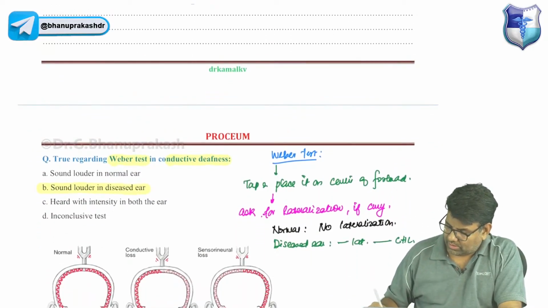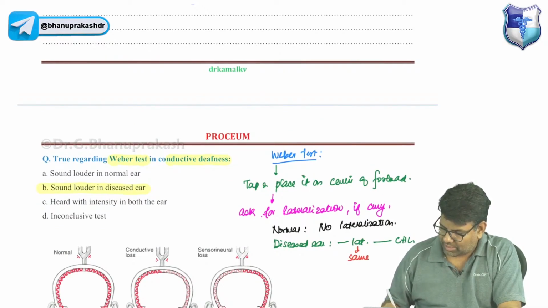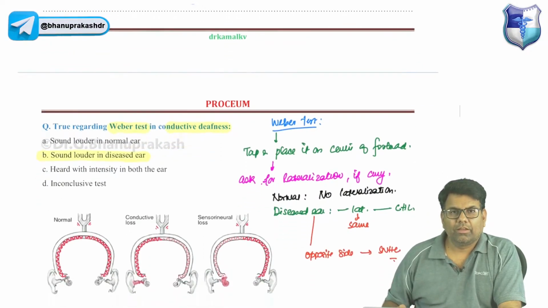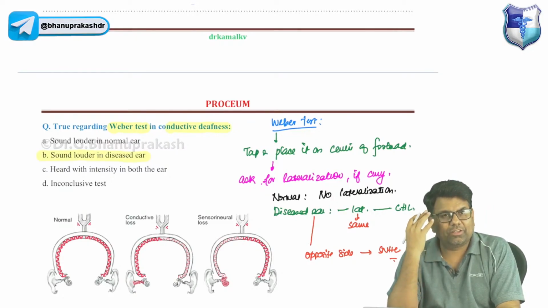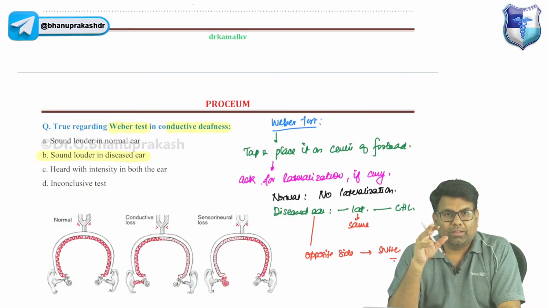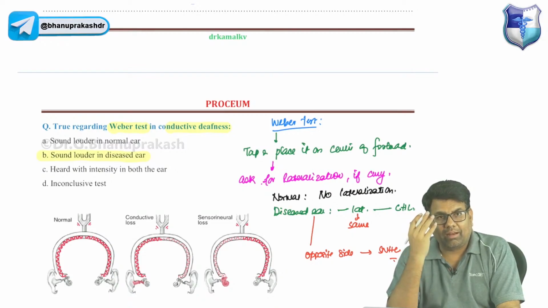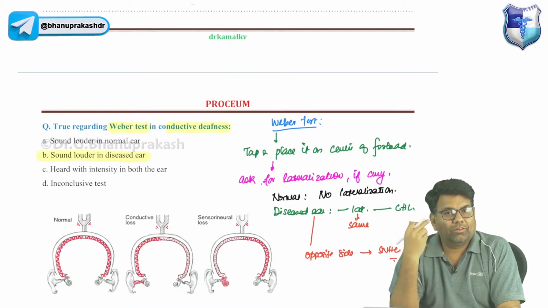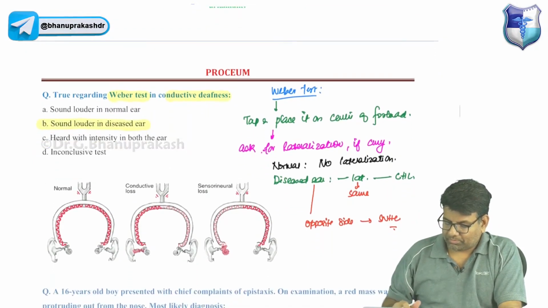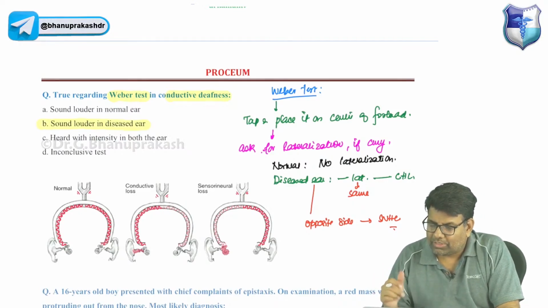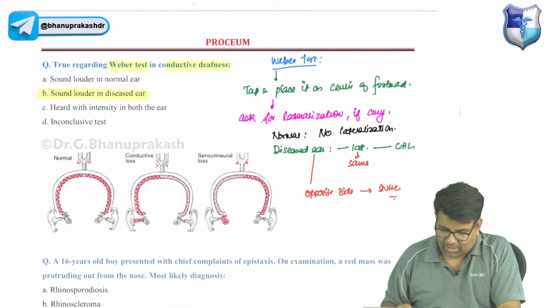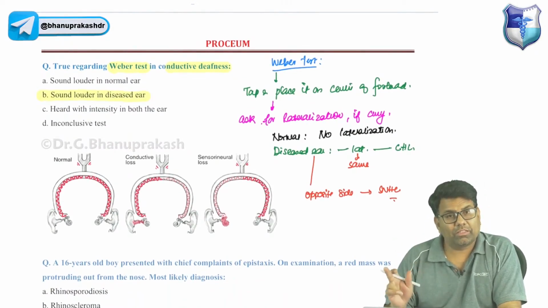So lateralization to the same side means conductive hearing loss, opposite side means sensorineural hearing loss. Based on the Weber test, we can ascertain what kind of deafness the patient has. Just remember this.